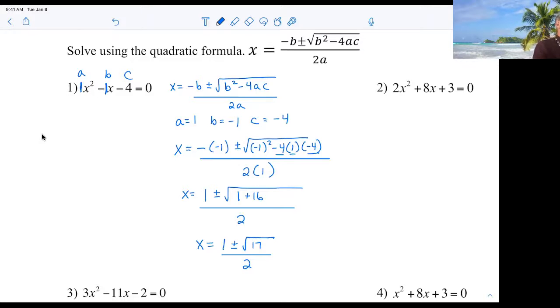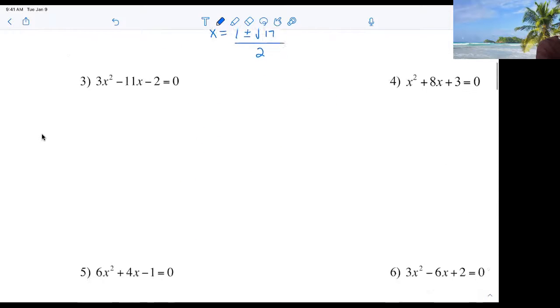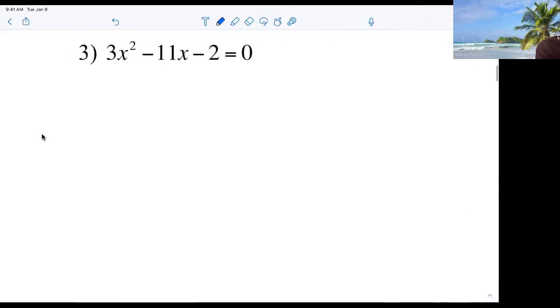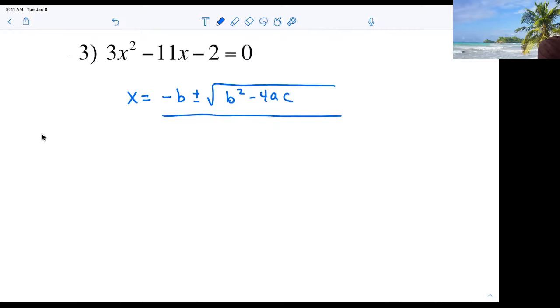So now we're going to try number 3. Come on now, stay with me. First thing we're going to do is we're going to try to write the equation. X equals -b plus or minus the square root b squared minus 4ac all over 2a.